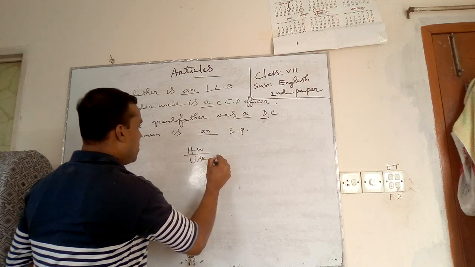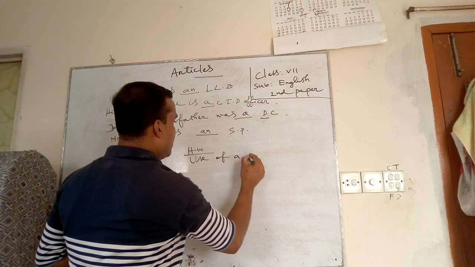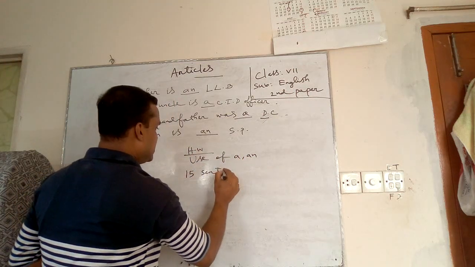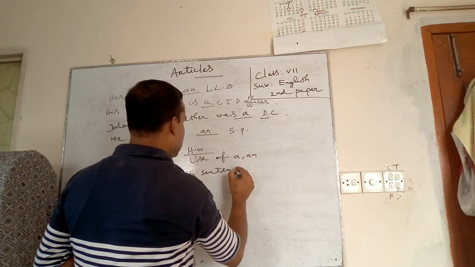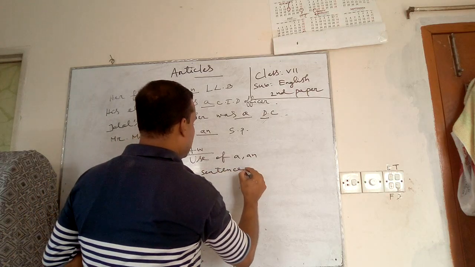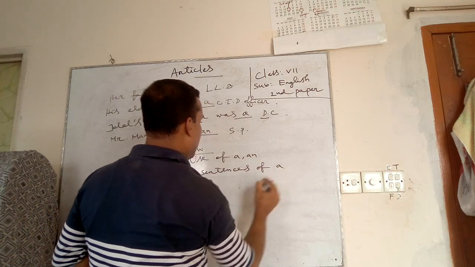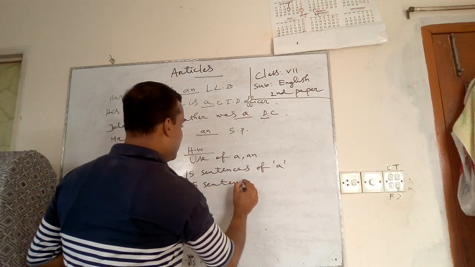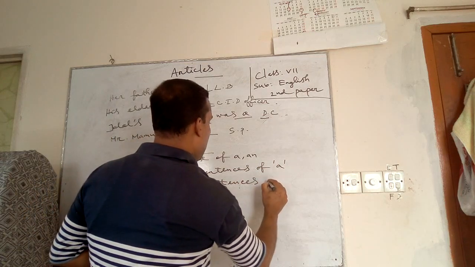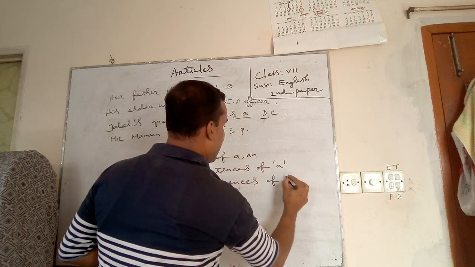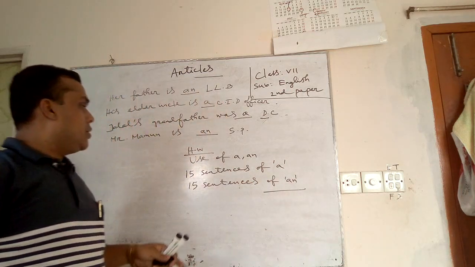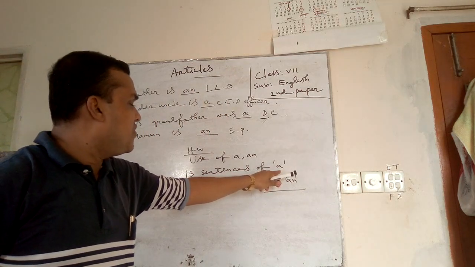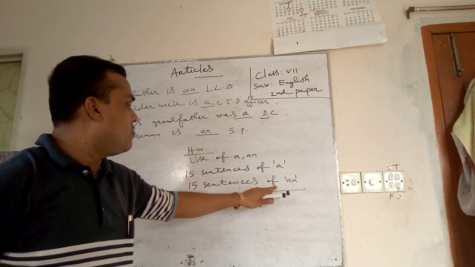Use of a, an. 15 sentences of a, 15 sentences of an.